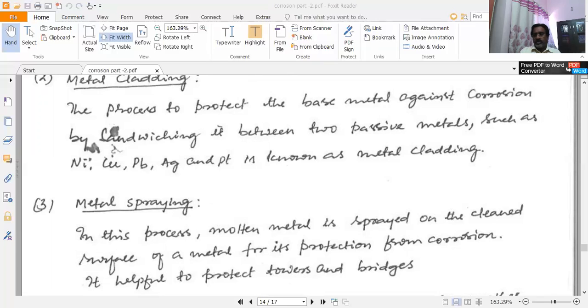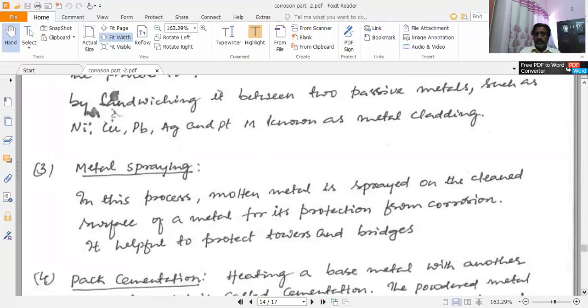It helps to protect towers and bridges. This is one of the beautiful techniques wherein the molten metal is spread on the clean surface of the metal for its protection from corrosion. It is mainly used to protect towers and bridges.